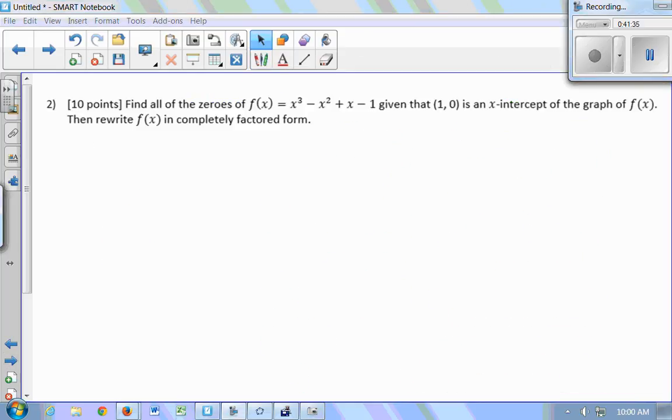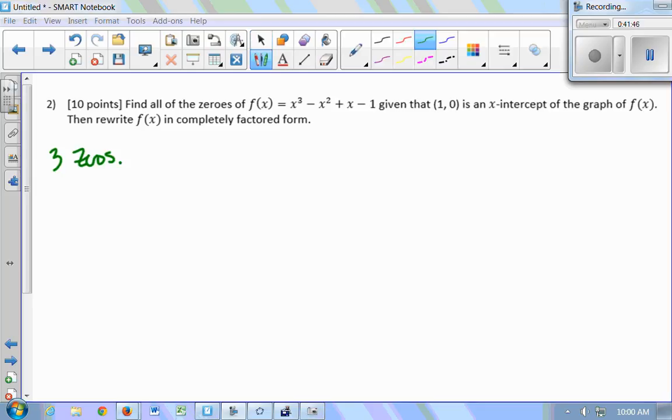We're supposed to find all the zeros of this cubic polynomial. And because it's cubic, how many zeros am I looking for? 3. So I know there should be 3 zeros. All right, and (1, 0) is an x-intercept. And x-intercepts and real zeros are like synonyms, right?